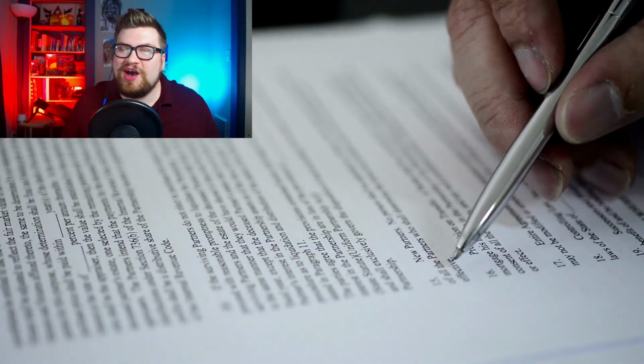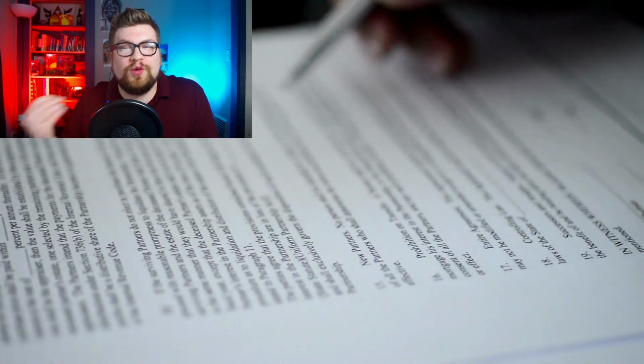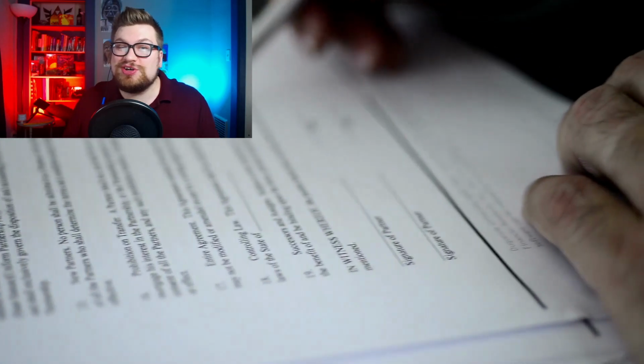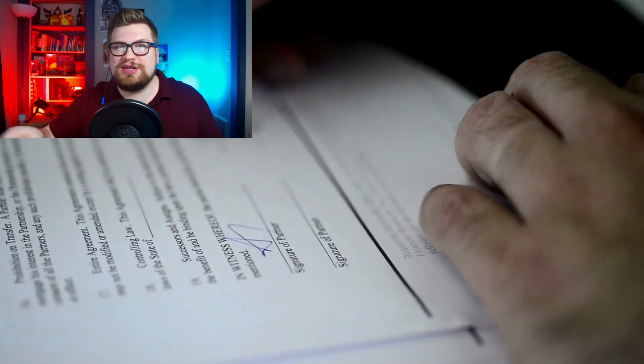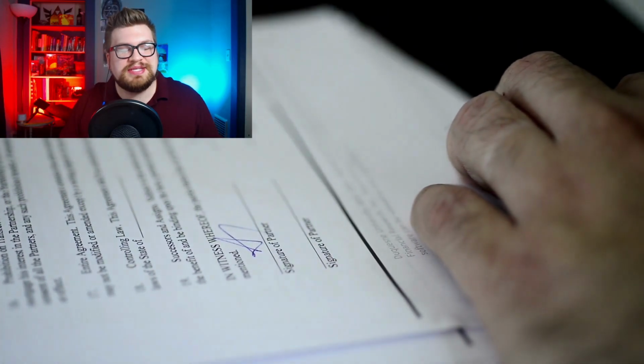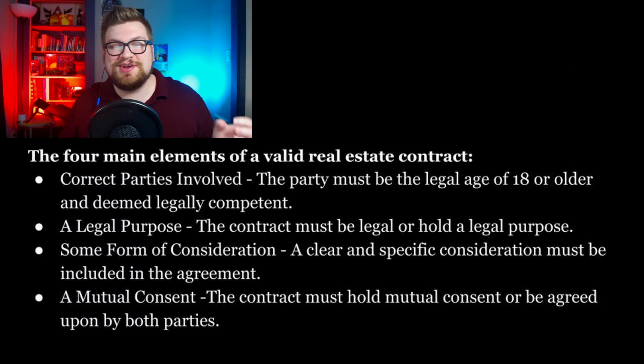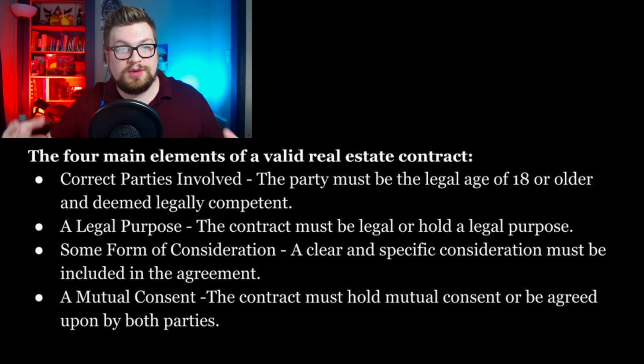Okay, so to start off, I'm going to briefly show you all 4 requirements, and then I'm going to go into each one in detail. And make sure to stay tuned after, because there are some additional smaller requirements that I'm going to go over as well. Alright, so the 4 main elements or requirements of a real estate contract are: 1. Correct parties involved, meaning the party must be of legal age of 18 or older and deemed legally competent. 2.